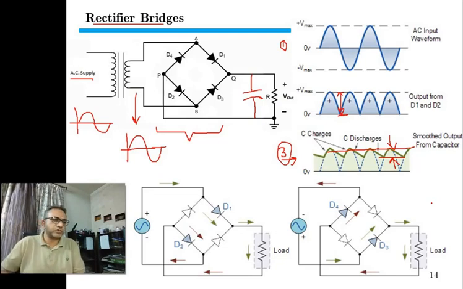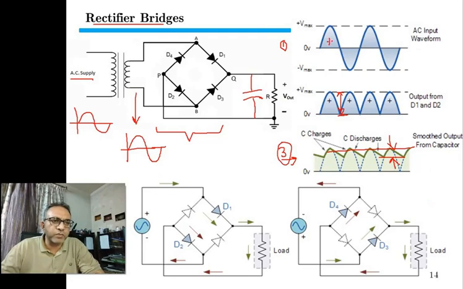Now let us come to the operation of our bridge rectifier. We see four diodes D1, D2, D3, D4. Two diodes will conduct during each half of the sine wave. Two diodes will allow current to pass during each half of the sine wave. For example, this is the first half of the sine wave.